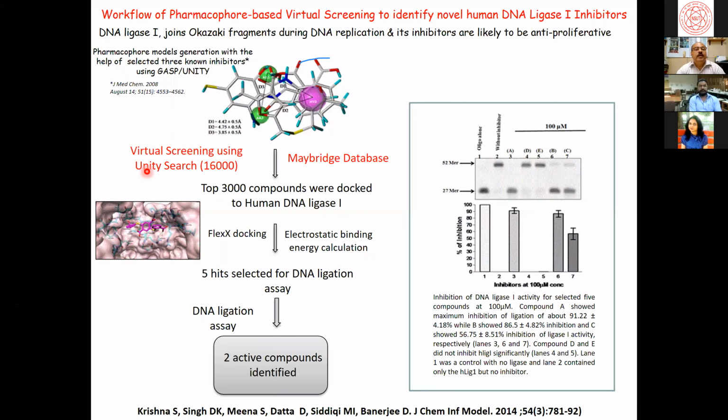In another disease area, beyond Mycobacterium tuberculosis, Shagun worked on pharmacophore-based virtual screening to identify human DNA ligase 1 inhibitors, and these have therapeutic relevance in developing anti-cancer agents. This joins Okazaki fragments during DNA replication, and its inhibitors are likely to be anti-proliferative.